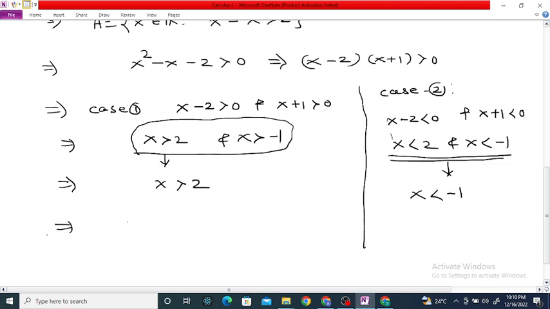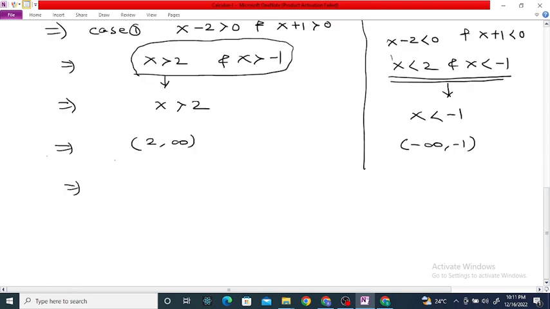So the solution is x > 2, which is (2, ∞), and (−∞, −1). So the solution set is (−∞, −1) union (2, ∞).